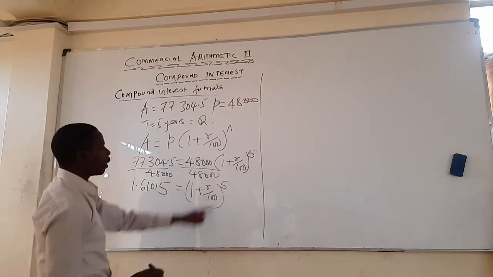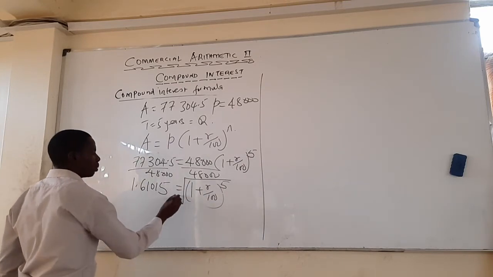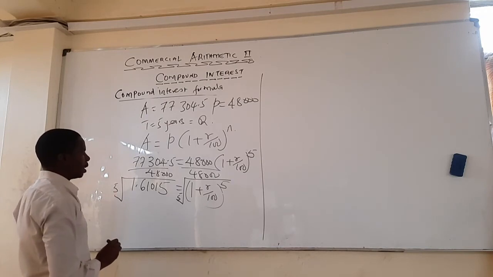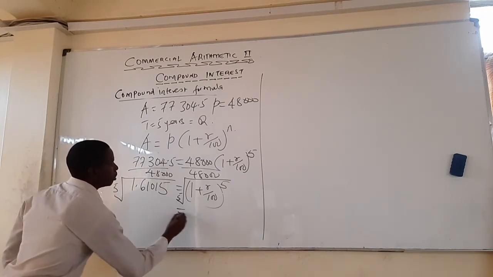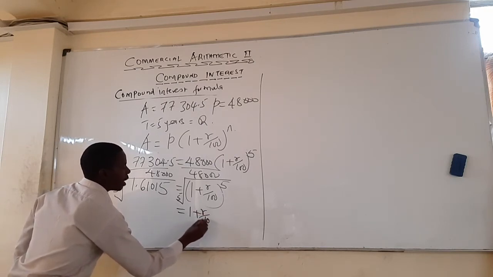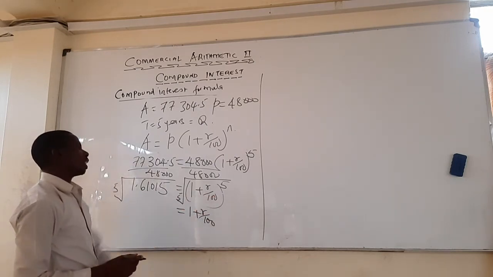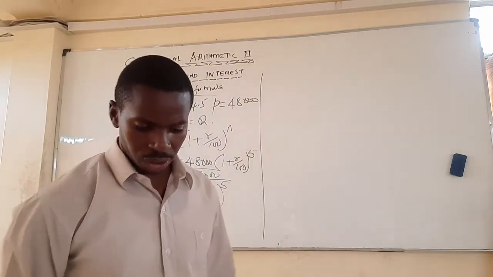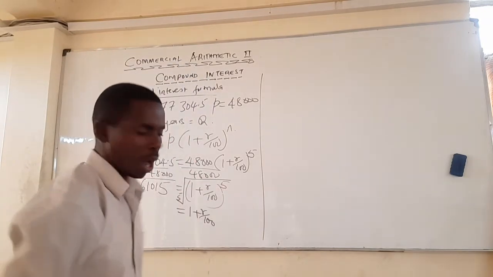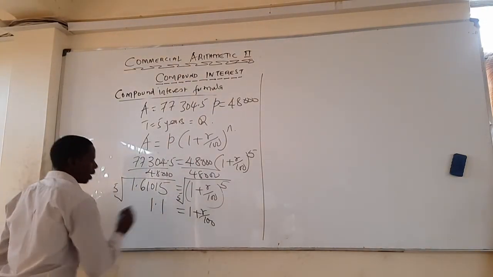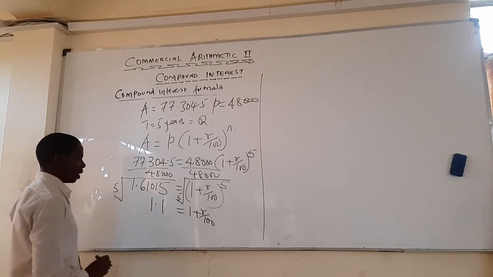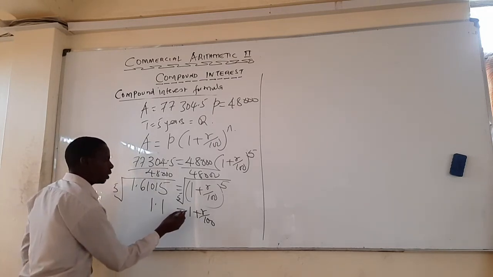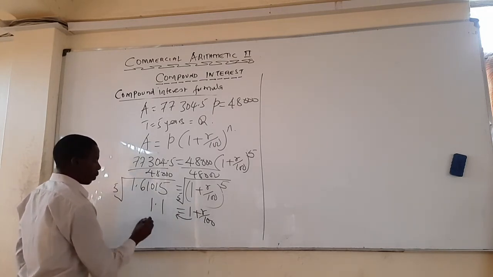We have this is power 5. To remove this power 5, we find fifth root on both sides. And then this is going to be left with 1 plus R over 100 equals the fifth root of that number. And then fifth root of 1.61015, I can use the calculator there. I have 1.1. That is the fifth root of that 1.61015. So here I can take this to the other side. I have 1.1.